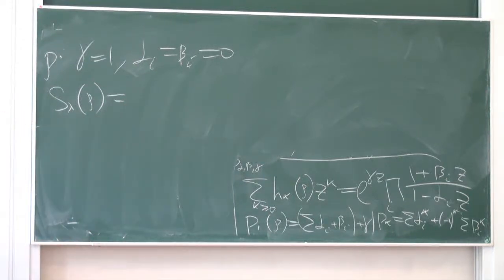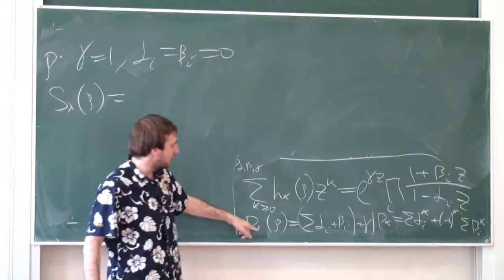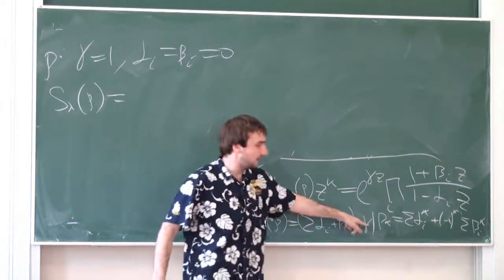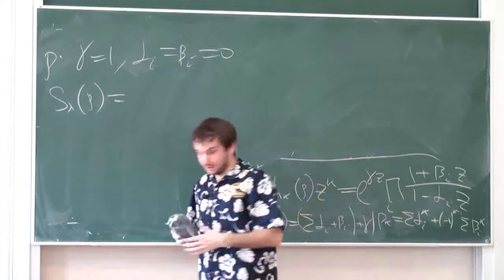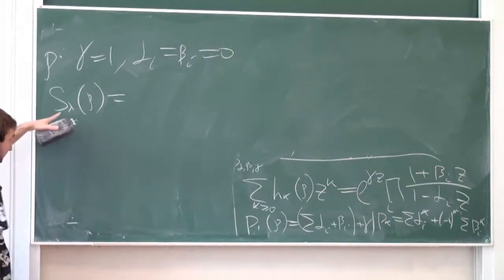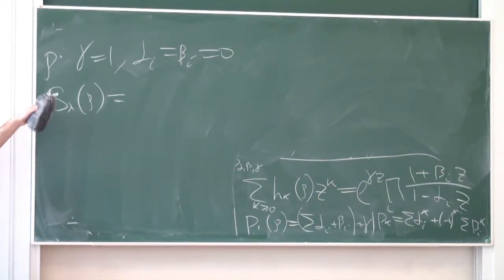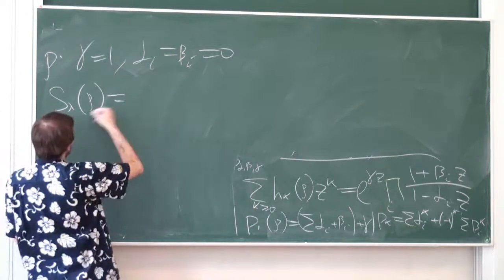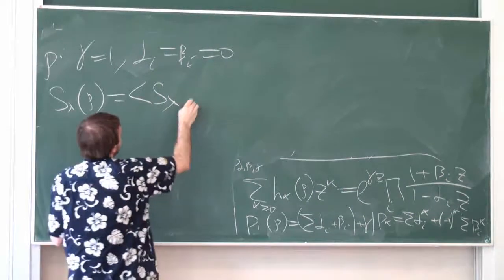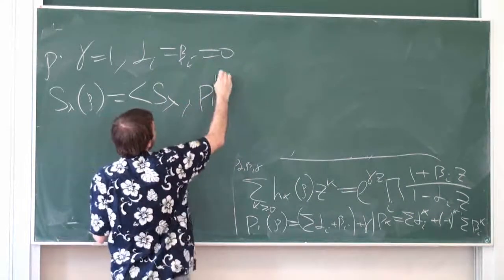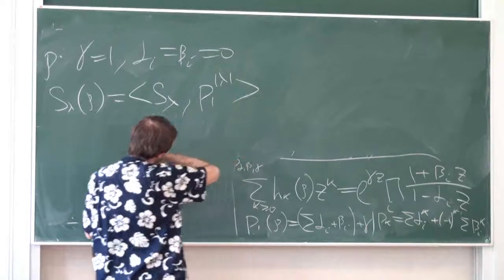Well, notice what it says is that p1 is mapped to 1, all other pk are mapped to 0, which means that to evaluate the value of the Schur polynomial, you should decompose the Schur polynomial into the sum of p functions, then substitute 1 instead of p1 and 0 instead of everything else, which means that this evaluation is the same as the scalar product of S lambda and p1 to the power of the number of boxes in lambda.